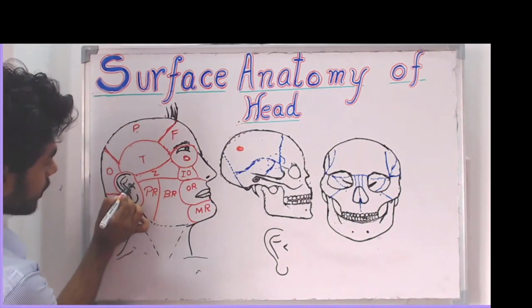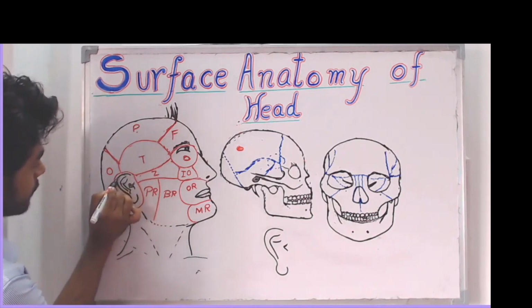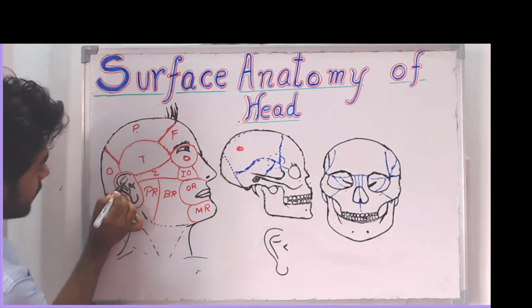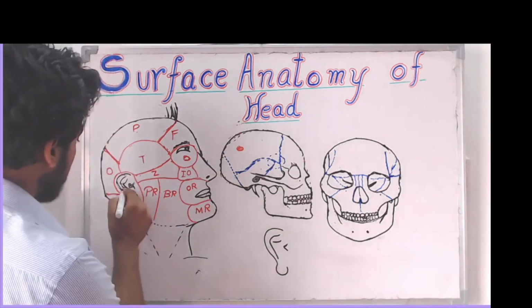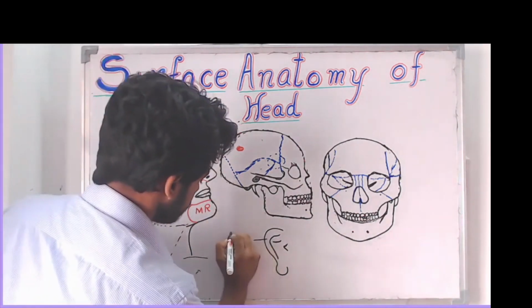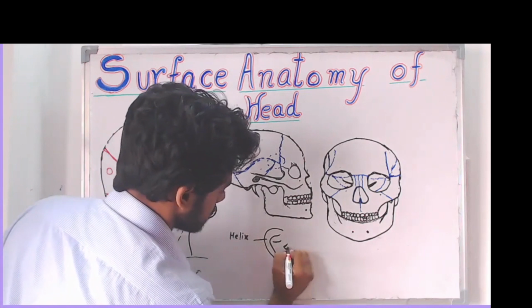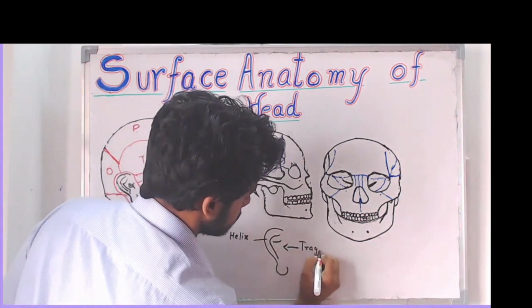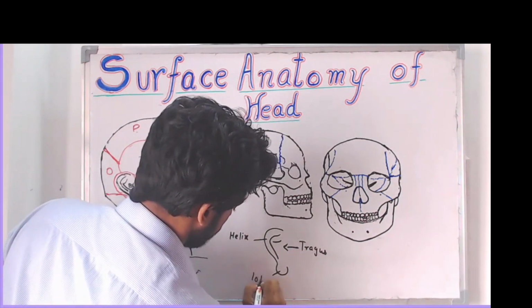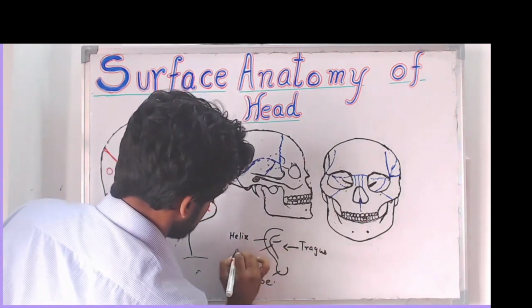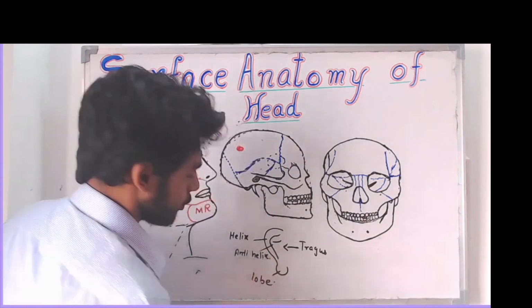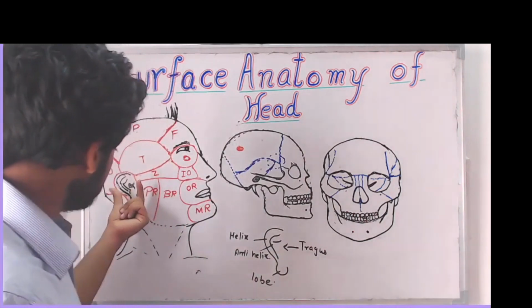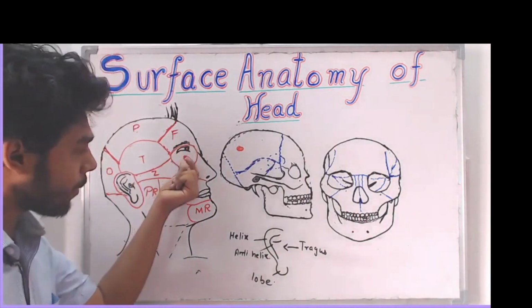This is the external acoustic meatus. Inside the helix we have the antihelix. This is the helix, this is the tragus, this is the lobe, and this is the antihelix.